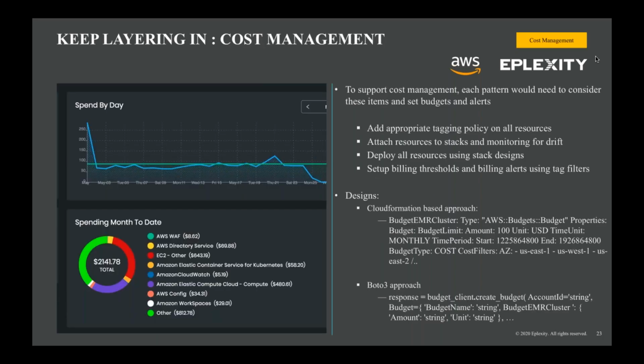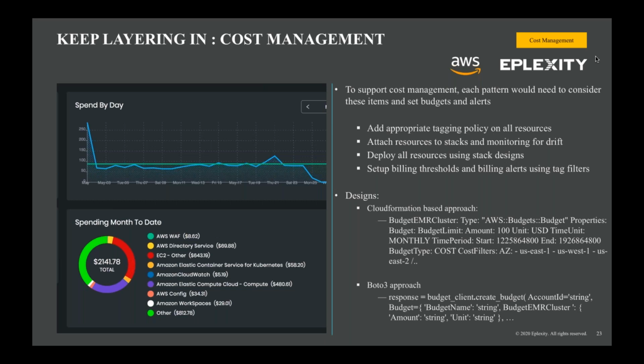Cost management. One of the great things about AWS's cost and billing system is that not only can you establish thresholds, but in your pattern, if you set up your tags appropriately, you can set up tag alerts. You can tag your applications with tag A, and you can set up a budget against an application. So every application can have its own tags and its own budget.